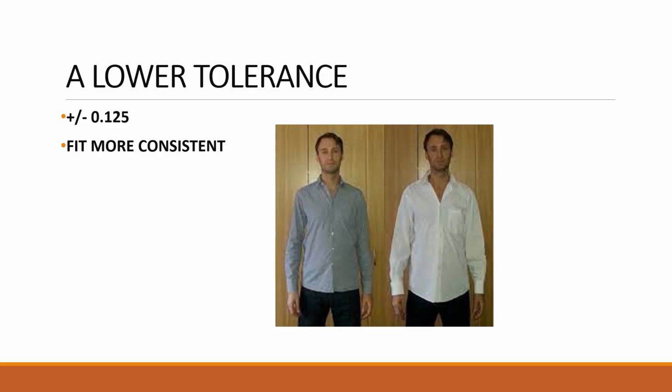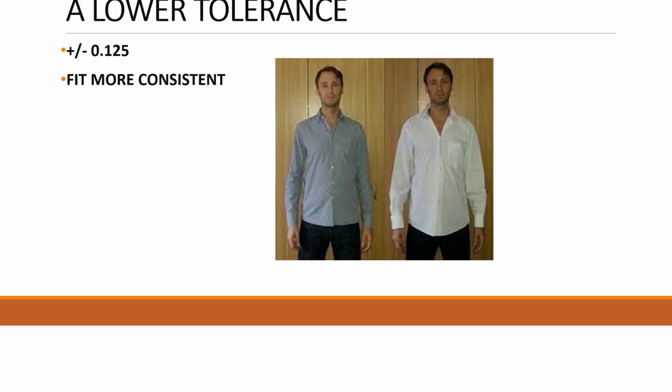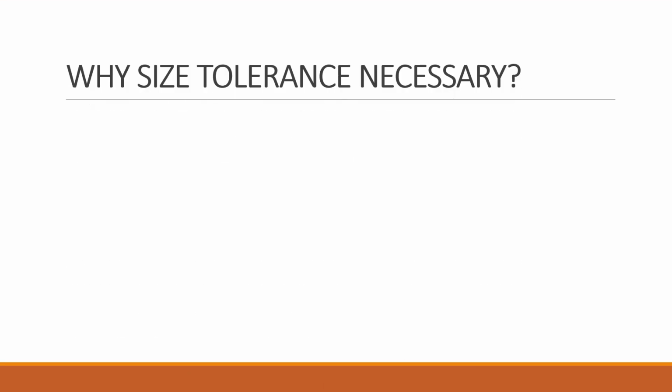So it looks like identical or similar shirts. That's why the fit properties are consistent when the error is very small. So two cases we have seen, one higher tolerance and one lower tolerance, and we have seen what can happen when deviation is more, and what the result is when deviation is less.